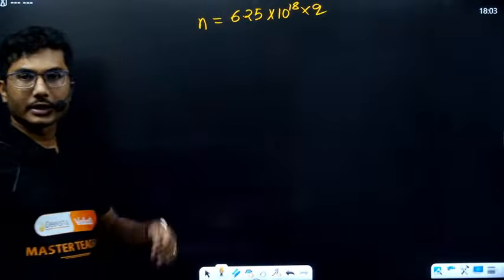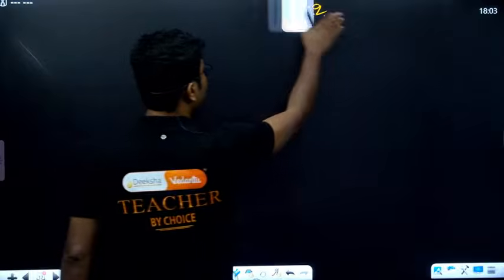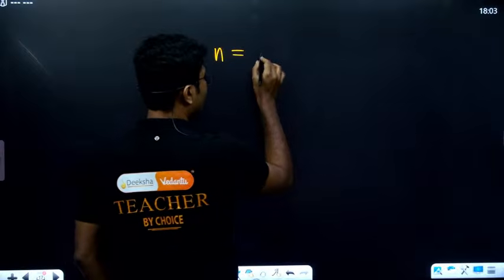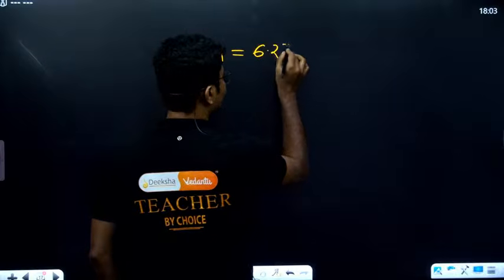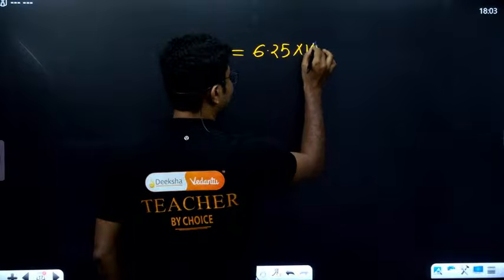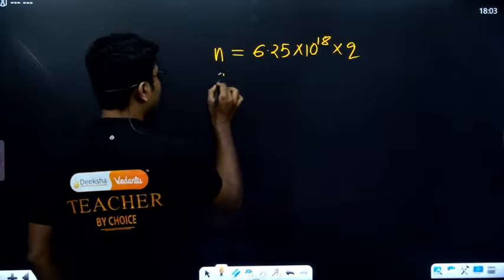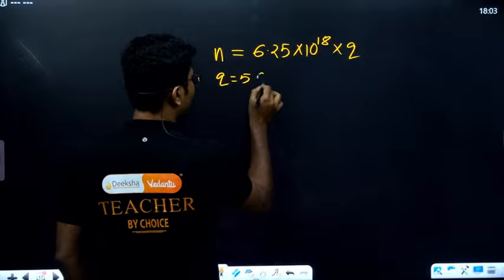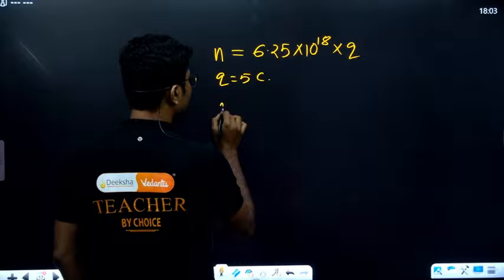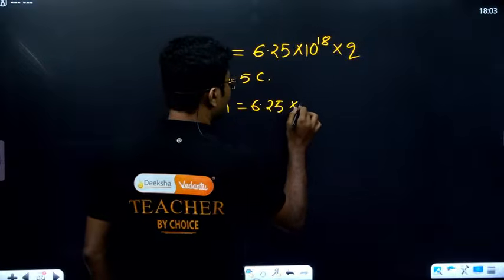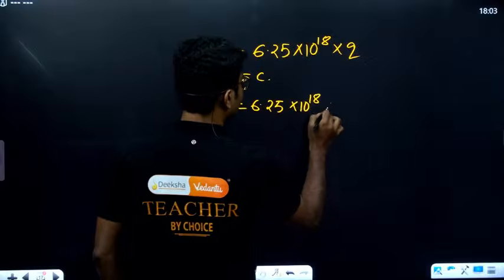This way you can calculate the number of electrons, number of charged particles. Here charge is given as 5 coulomb. So put that value over here. So N will come out to be 6.25 into 10 to the power of 18 into 5.